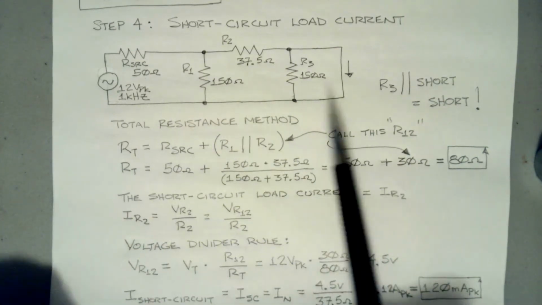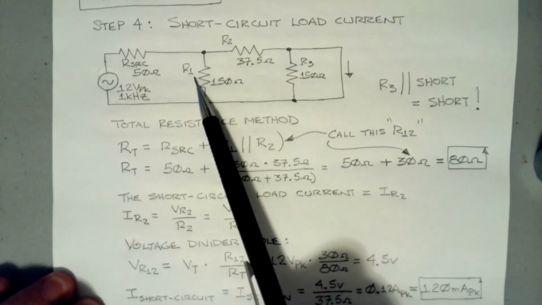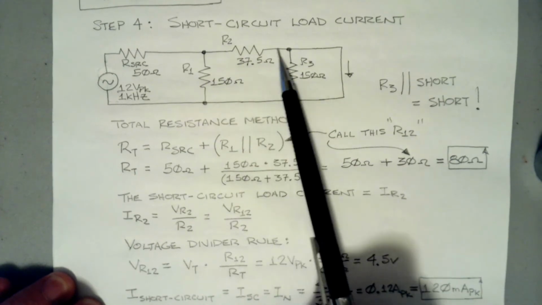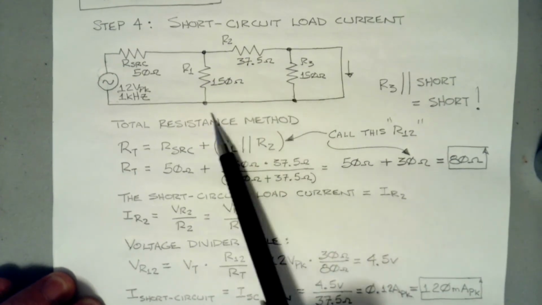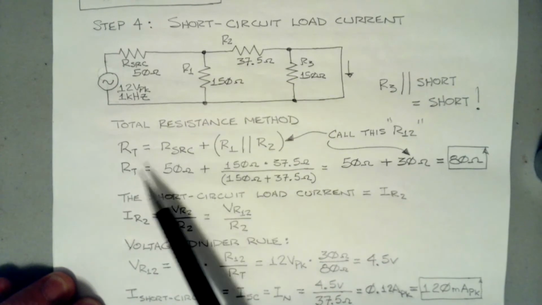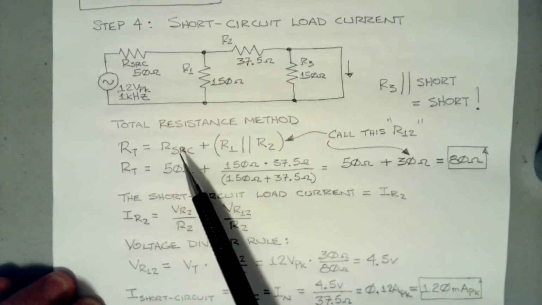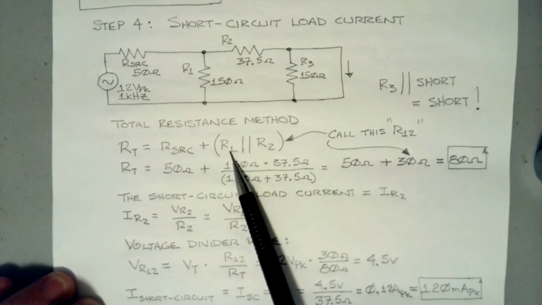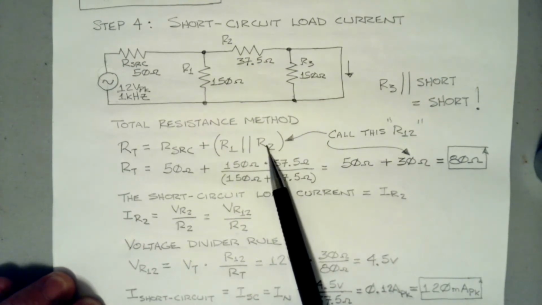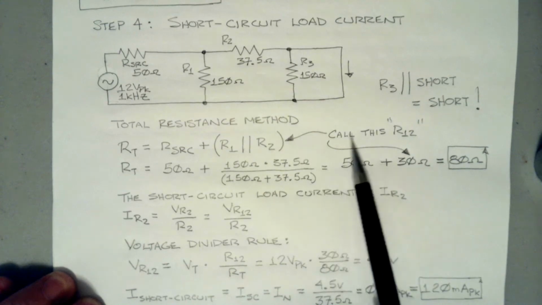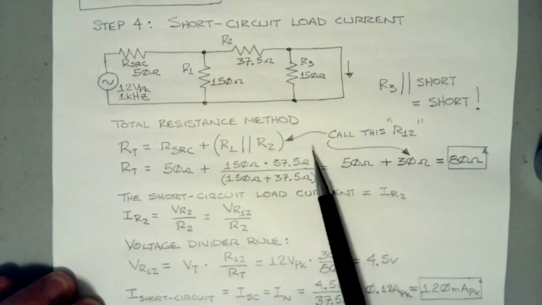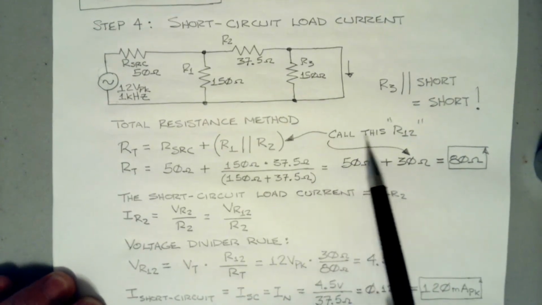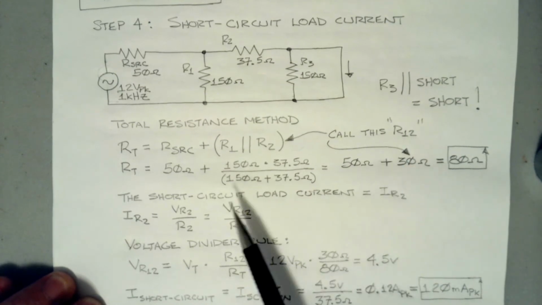What we really have is R1 and R2 in parallel, because this point is directly connected to this point. So the total resistance equals our source's 50 ohms plus R1 in parallel with R2. We can call this R12.